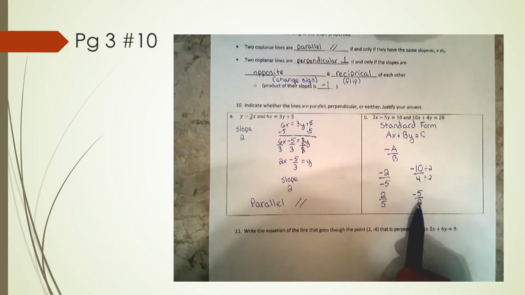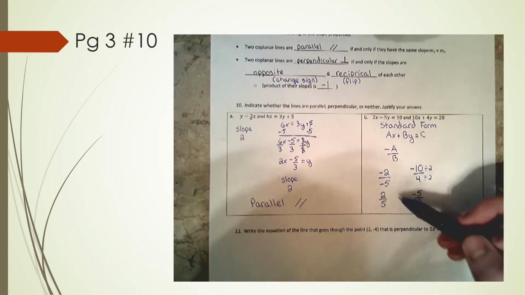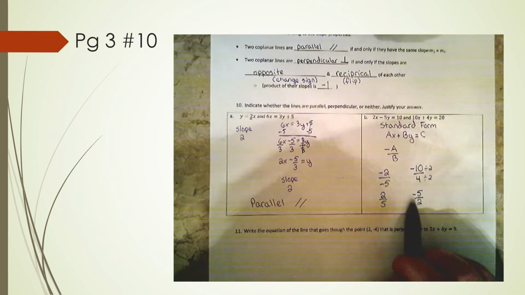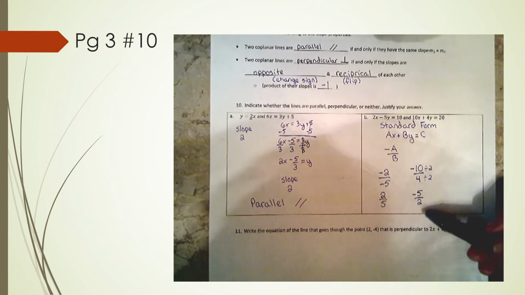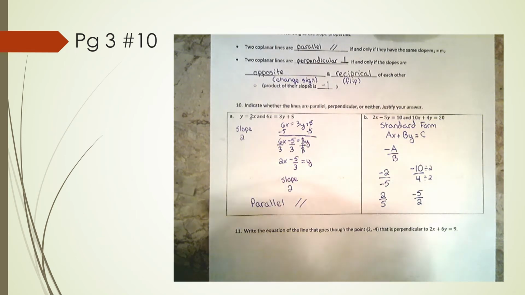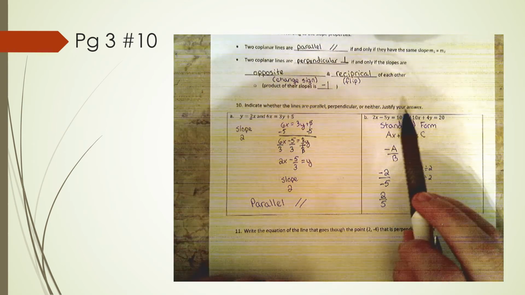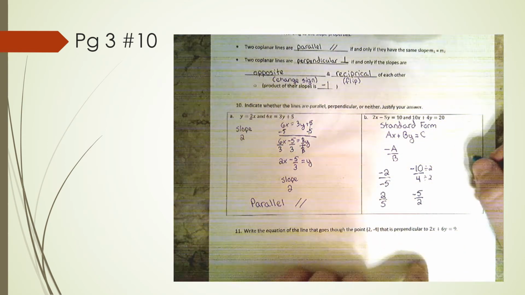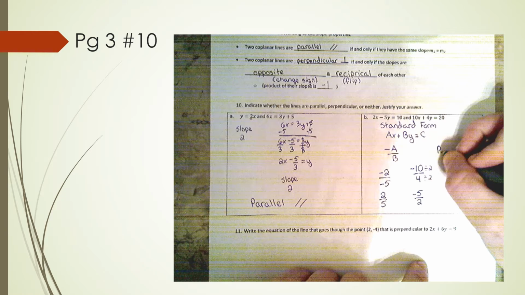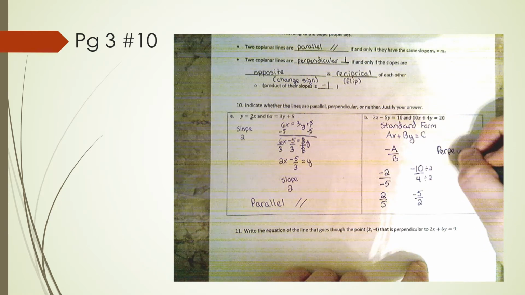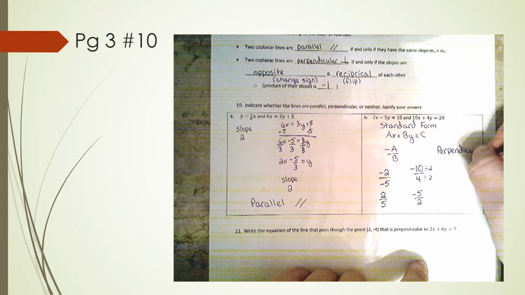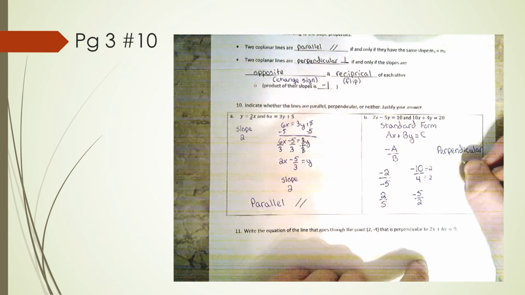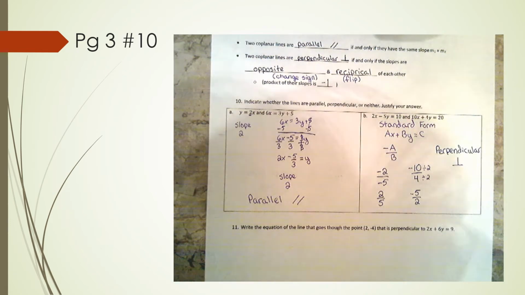So these two slopes, they have opposite signs and they're the reciprocals of each other. So if you have the opposite and reciprocal, that is perpendicular. So this part is actually perpendicular. And remember, the symbol looks like an upside down T.